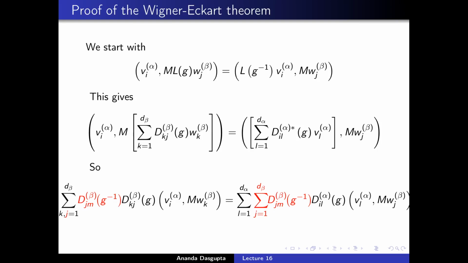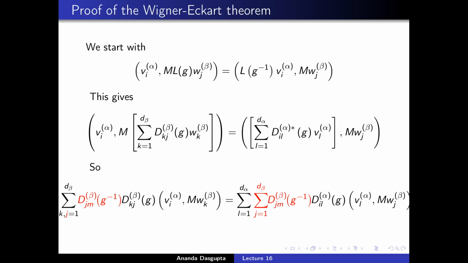Now the summation on the left over j is very, very simple. It's really nothing but D_km^β of the element G inverse. It's just simple matrix multiplication and the fact that these are representations, so they form a homomorphism. Since G G inverse is the identity, what we are looking at is the kmth element of the identity matrix, which is simply delta_km.